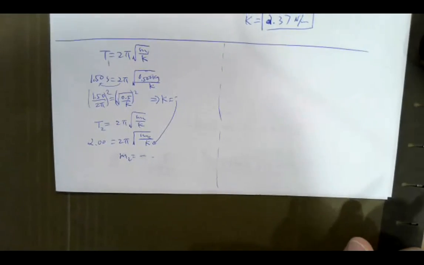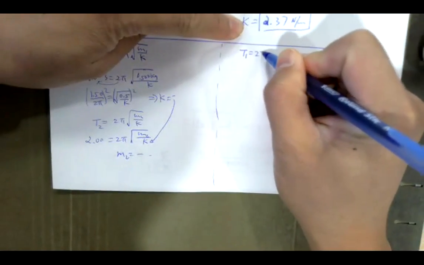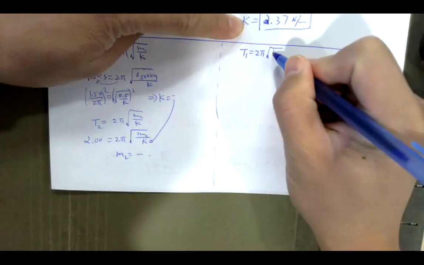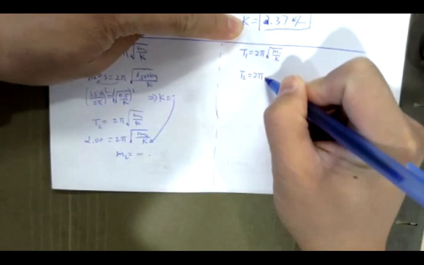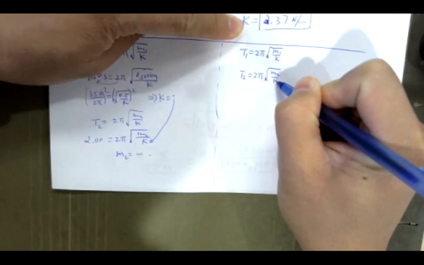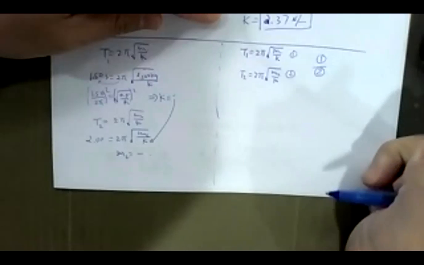But you can actually do this in a different way. Because you are given T1 equals 2 pi square root of M1 over k, and T2 equals 2 pi square root of M2 over k, you have these two expressions. You can call this equation 1 and this equation 2, and do equation 1 divided by equation 2.